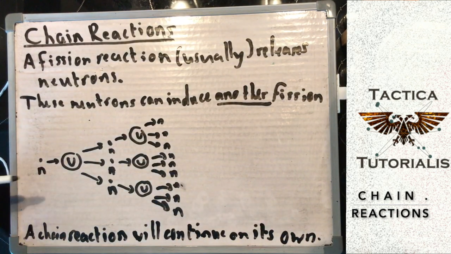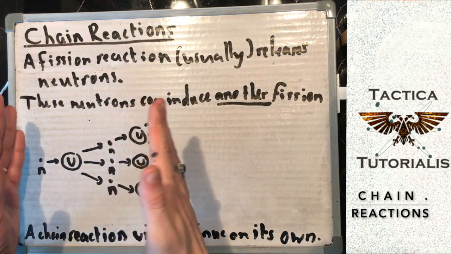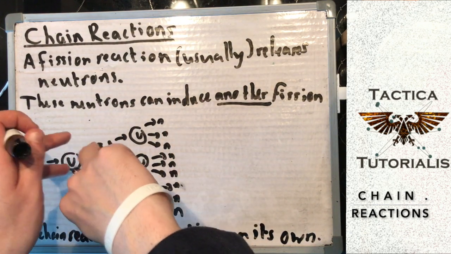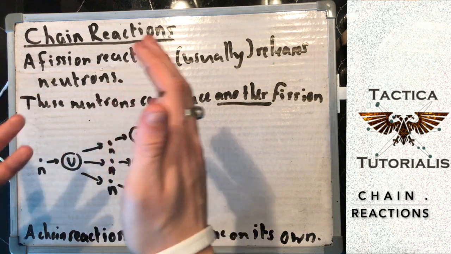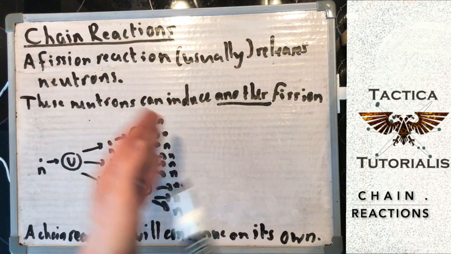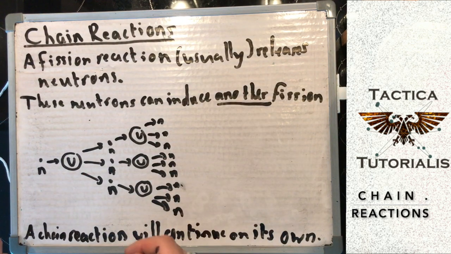Once you get that chain going, if you think about a line of dominoes, you knock over the first domino and it hits 3. And each of those 3 hits 3 more. And each of those 3 hits 3 more. So you've got 1, 3, 9, 27, 81, 243, 729. And now I'm just showing off my powers of 3. Yeah, this goes off very fast.